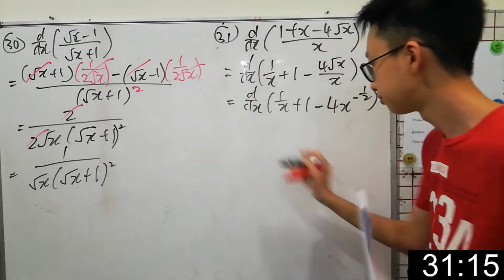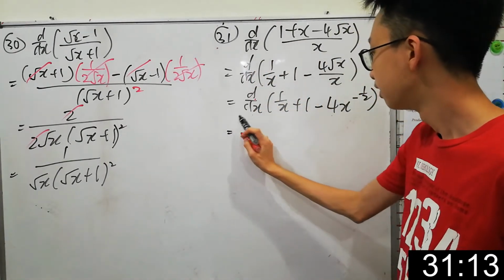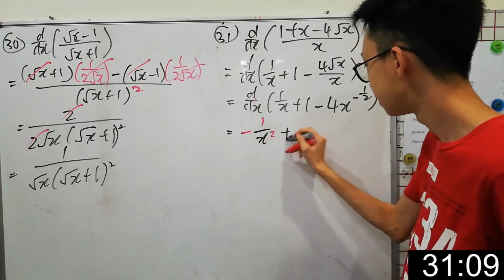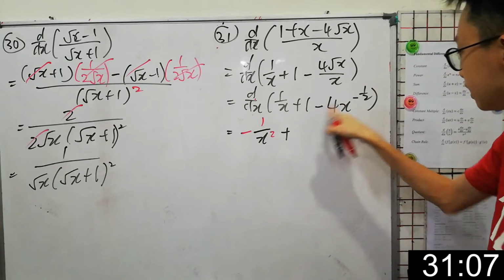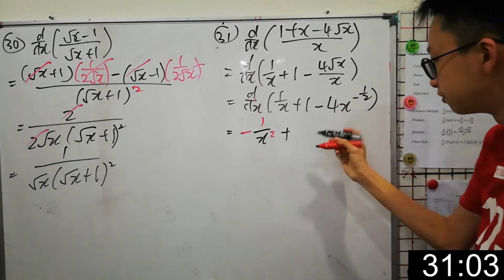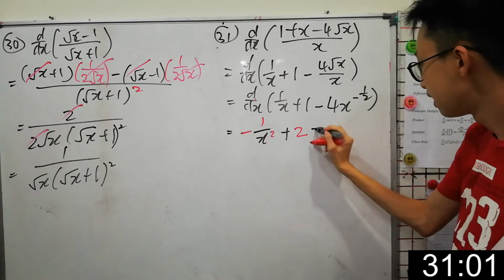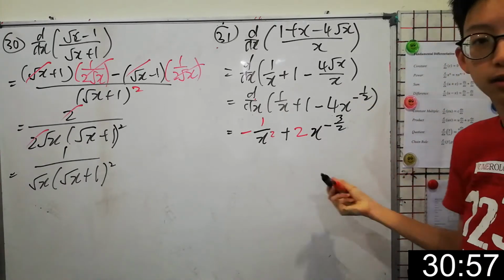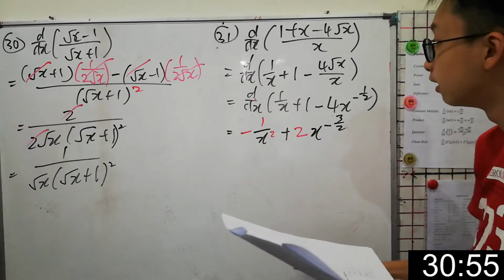Then this one you can just directly differentiate. Change the sign, power, and power plus 1, plus this is 0. Then minus becomes a plus. 4 times half is a 2. So that's 2x to the negative, this one minus 1 is 3 over 2. Okay, then number 32.